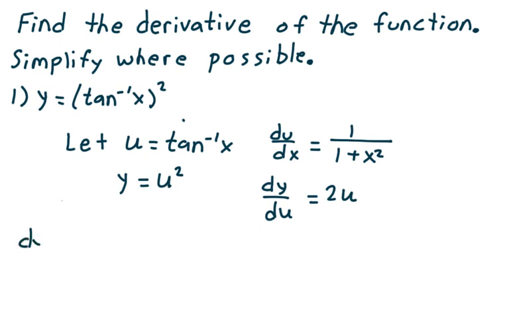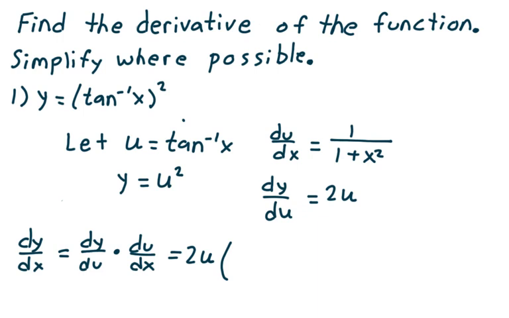Now, dy dx is equal to dy du times du dx. But dy du is 2u, and then du dx is 1 over 1 plus x squared.